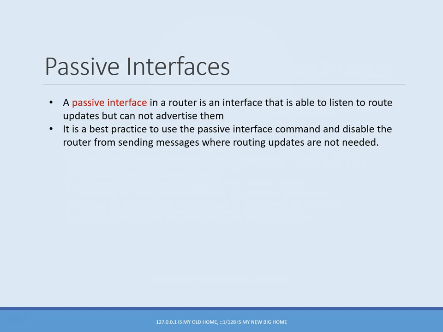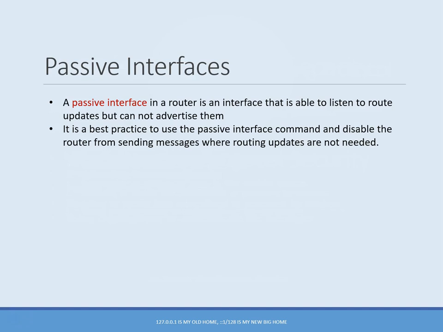For example, we don't need route updates to go outside the network. So we have to set any specific or selected interface as a passive interface.